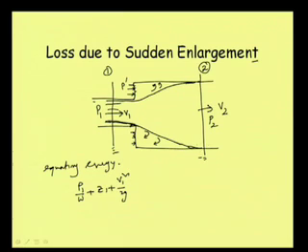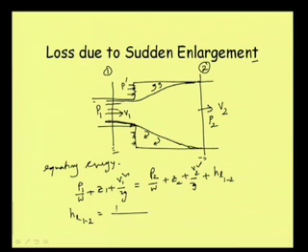Even if it is in an inclined position, the Z value will be more or less the same. So, this is equal to P2 by W plus Z2 plus V2 square by twice g plus the head loss. So finally, the head loss from 1 to 2 can be written as P1 minus P2 divided by W plus V1 square minus V2 square divided by twice g.